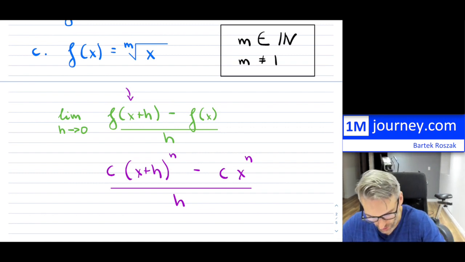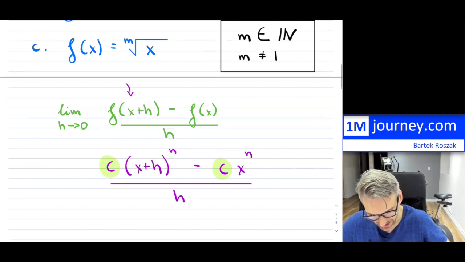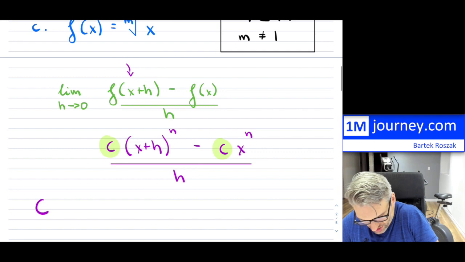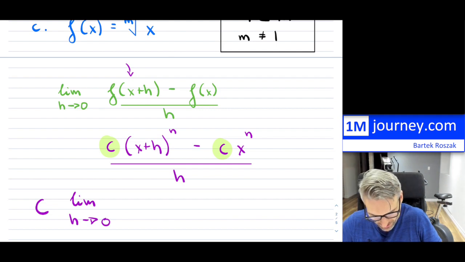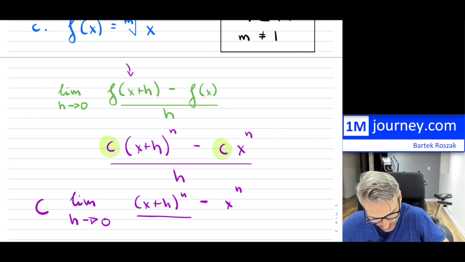However, notice that my c is just a constant, which I can factor out completely, and I can factor it out outside of my limit. So now I would get this as h approaches 0. And of course, this would be x plus h to the n minus x to the n all over h.